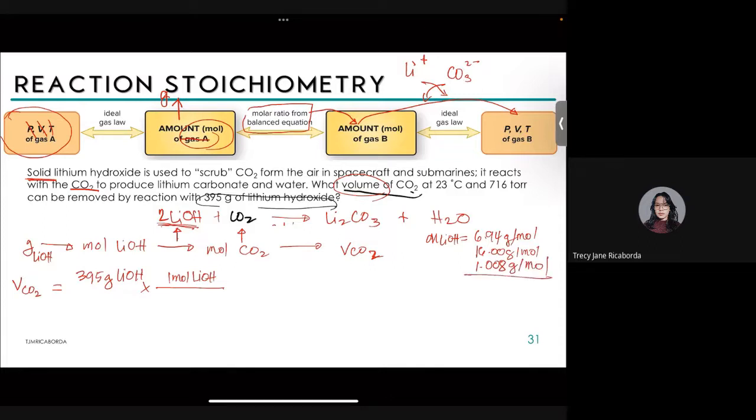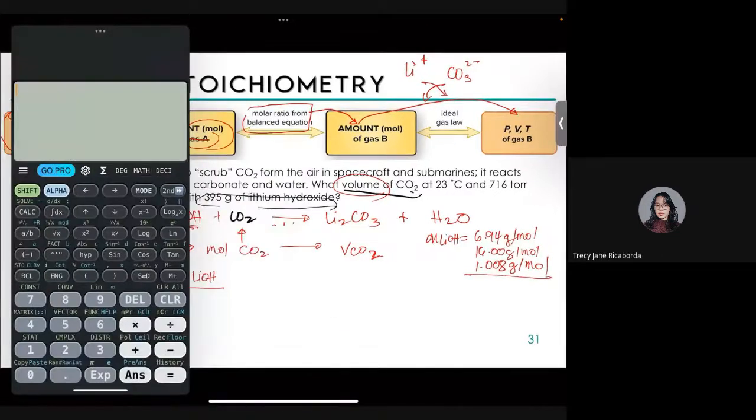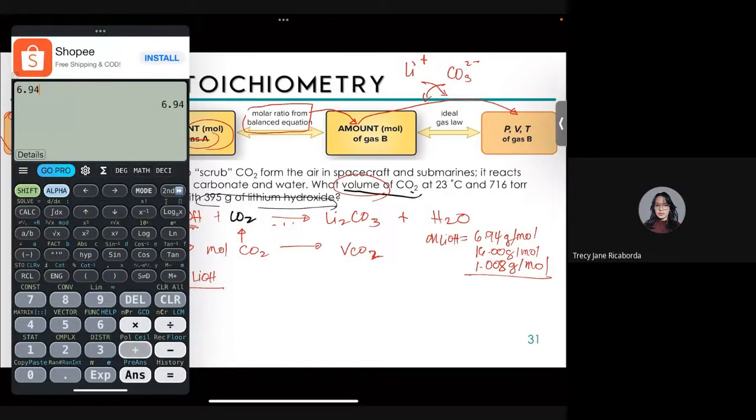That is equal to, calculator, 6.94 plus 16 plus 1.008 is 23.948 grams per mole.